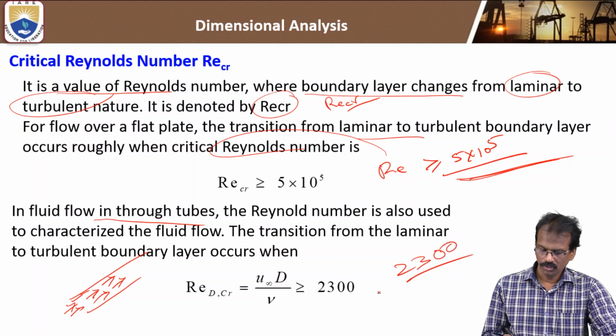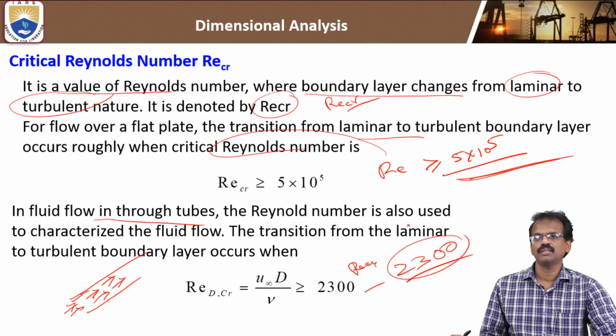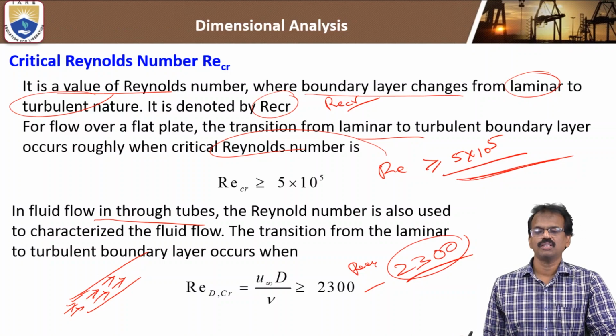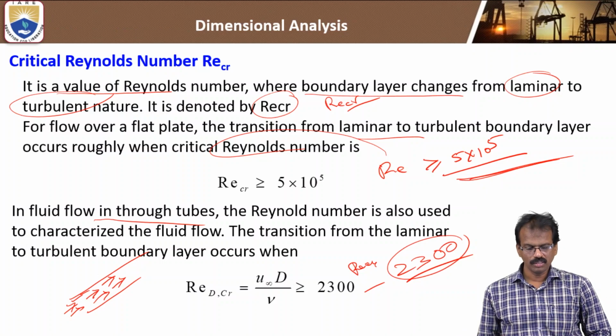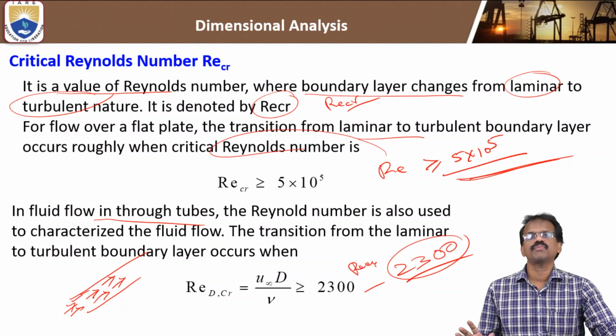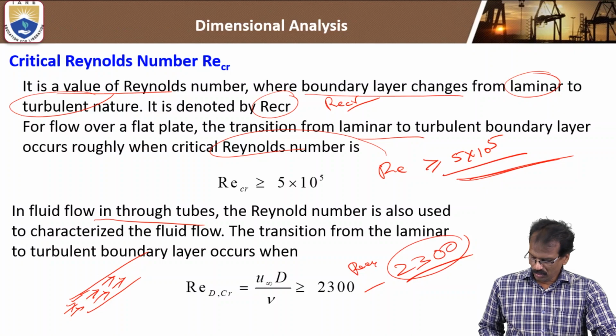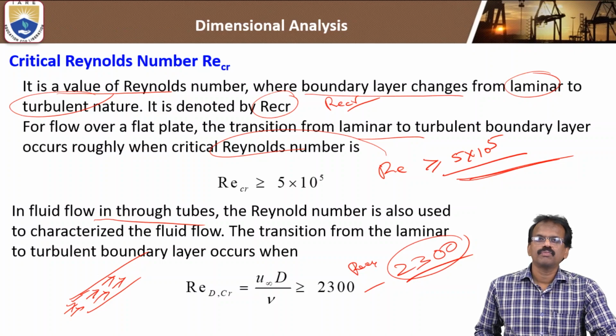If the Reynolds number is greater than 2300, that shows turbulent flow. If it is less than that, that shows laminar flow. So this is the significance of the Reynolds number to understand the flow and to understand the forced convection process.